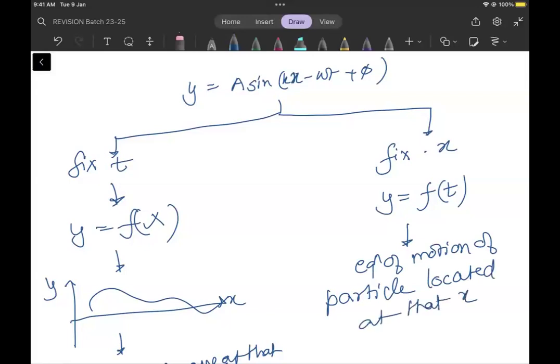So not only does this equation carry within itself a snapshot of the wave at all moments in time, how the wave will physically look like at all moments in time, it also carries within itself the equation of motion of each and every particle of the medium through which this wave is passing.